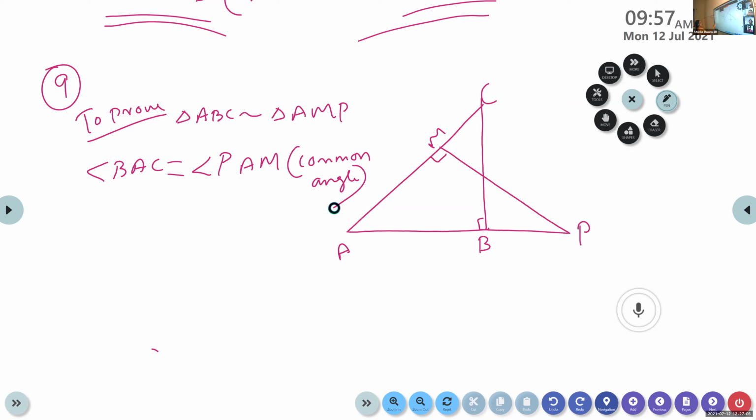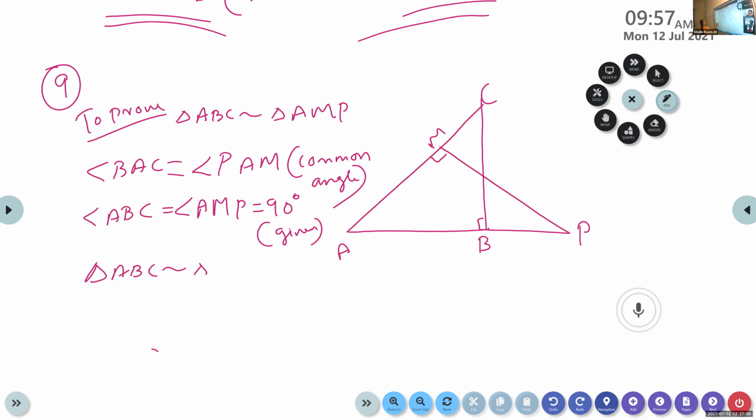So we can write angle ABC equal to angle AMP, both are 90 degrees. It is given in the question. Therefore, two angles are equal. If two corresponding angles are equal, they are similar by AA similarity criteria. Simple.